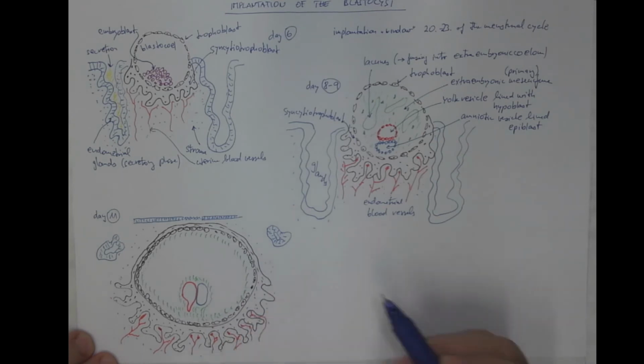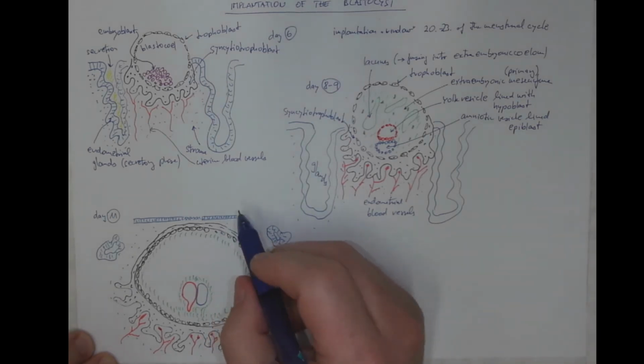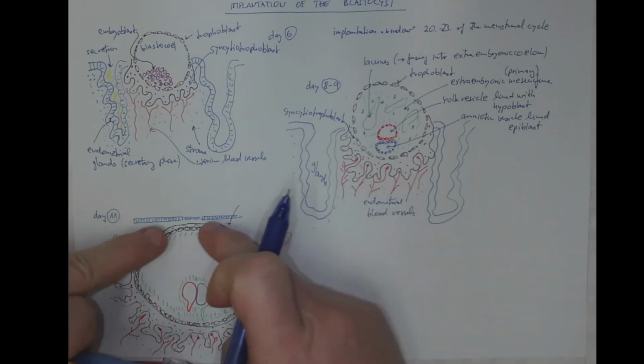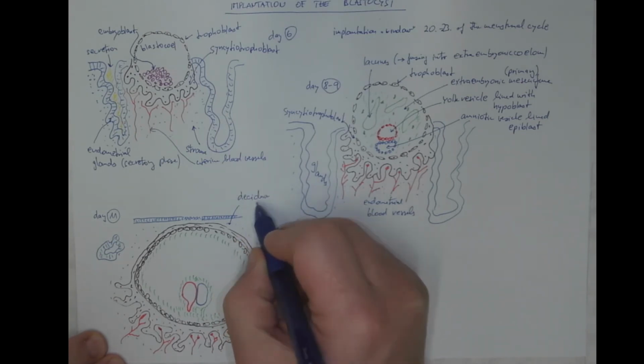Another word for the endometrium in pregnancy is decidua. This is the capsular decidua, the one that covers the implantation site. So decidua capsularis.